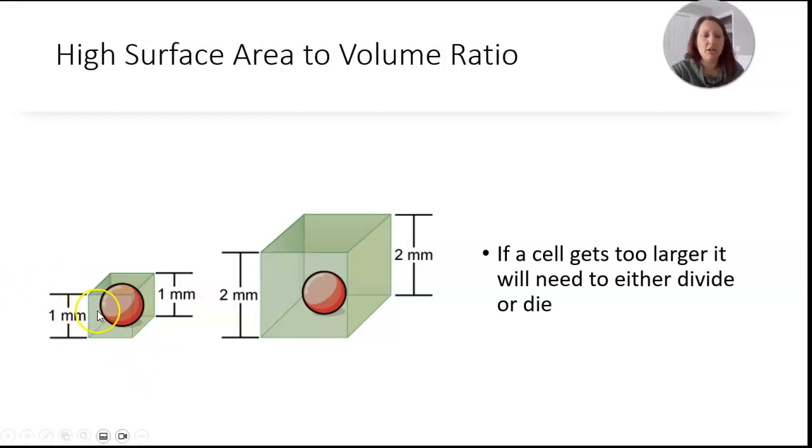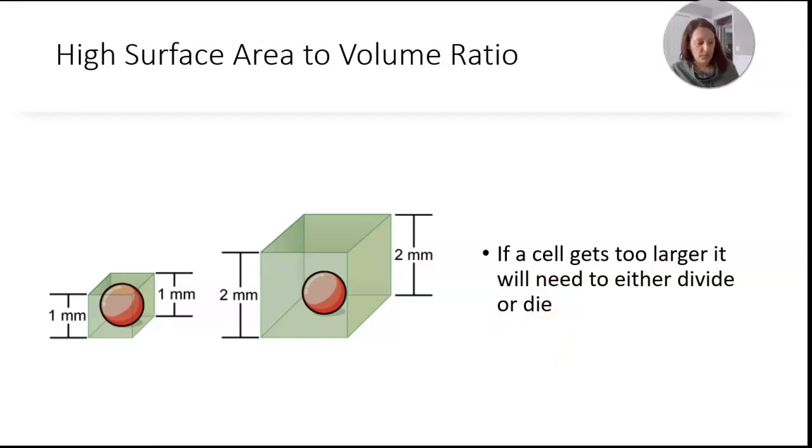As a cell gets larger, what happens is its surface to volume ratio decreases. And there's a point at which the cell, if it gets too large and that surface to volume ratio is too low, the cell will either need to divide to become two smaller cells, or the cell will eventually die. It won't be able to maintain homeostasis.